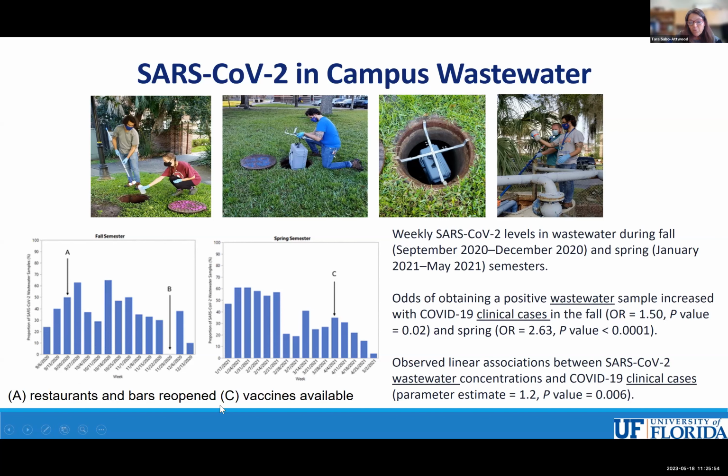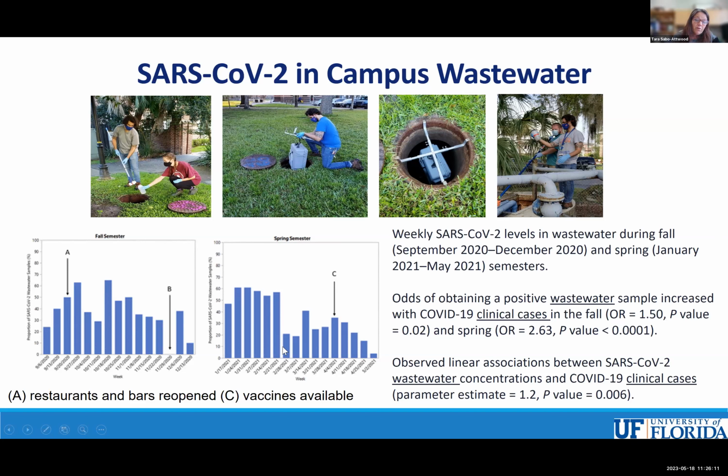And then for the panel in the spring semester on the right, you can see when vaccines became available, and then you can see a decline in what we're seeing with respect to wastewater levels following that.